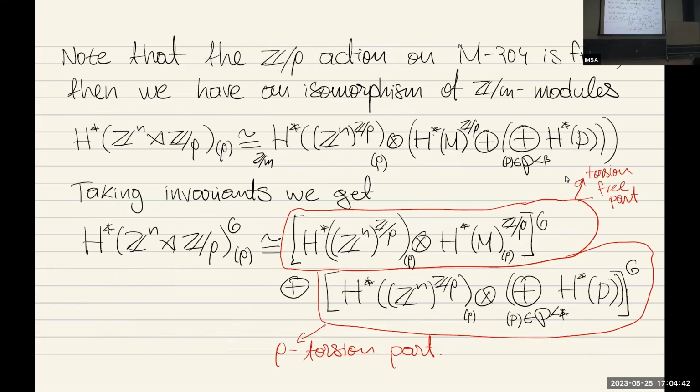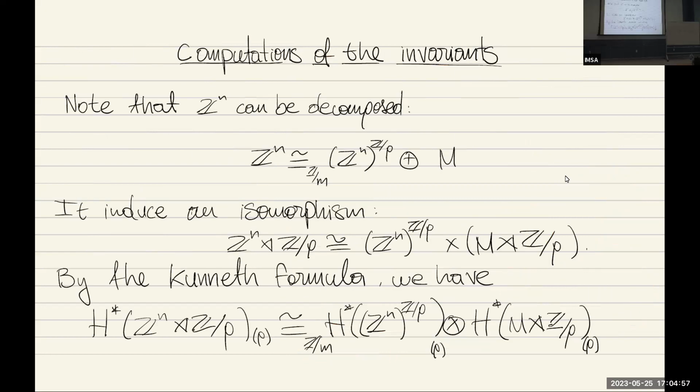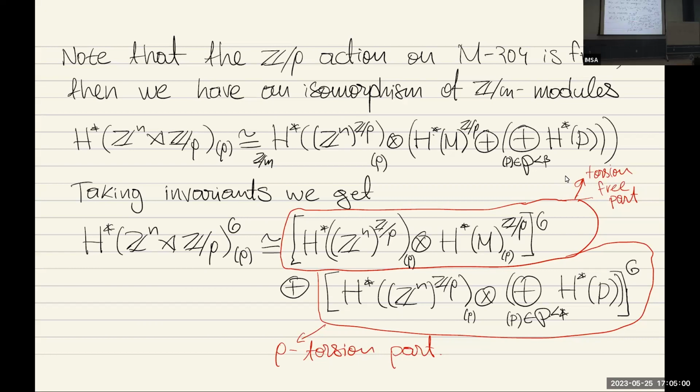Yes, and then we have this isomorphism of G modules. The cohomology of this group is isomorphic to this tensor product, but for the second part we can use the Lück and Davis results. Then we have something like that: the cohomology of M invariant by the action of Z_p, direct sum with the cohomology of some representative of a certain conjugacy class. Taking invariants, we get the following result.